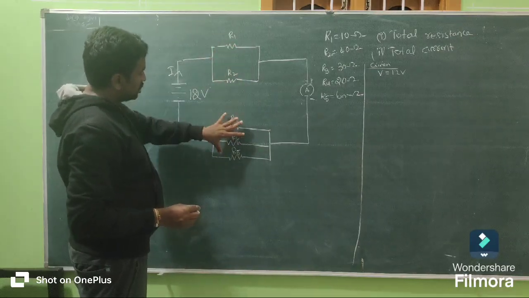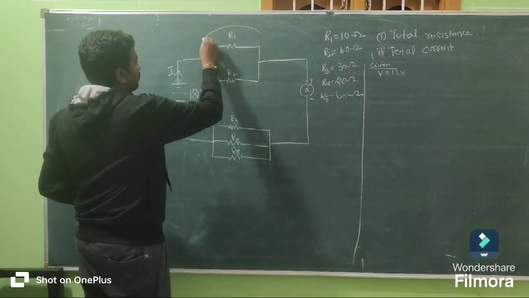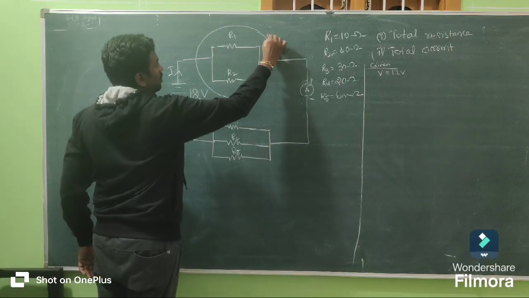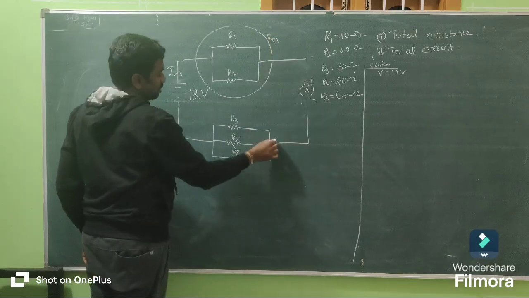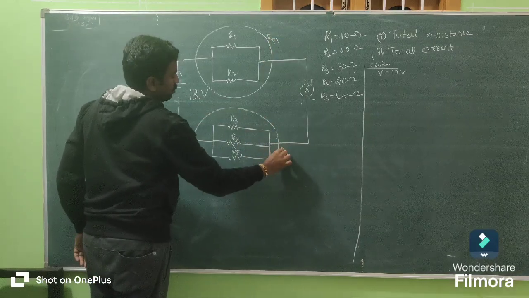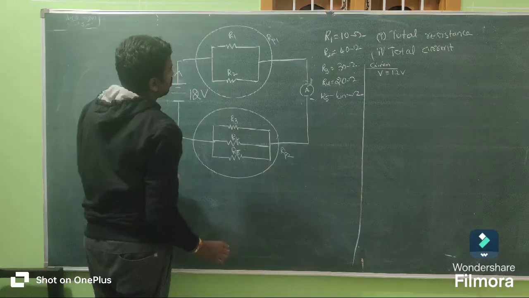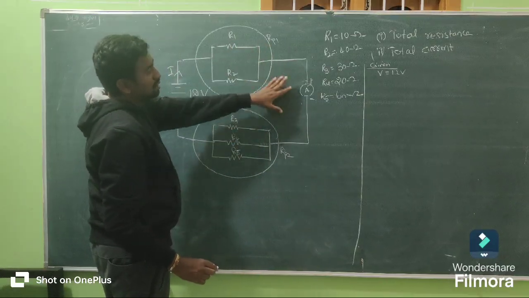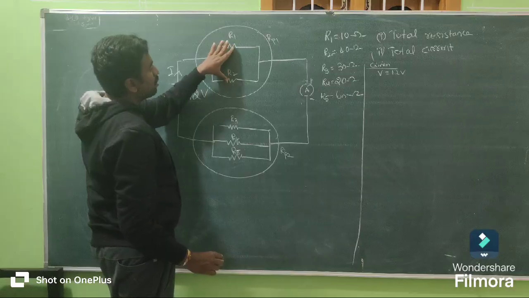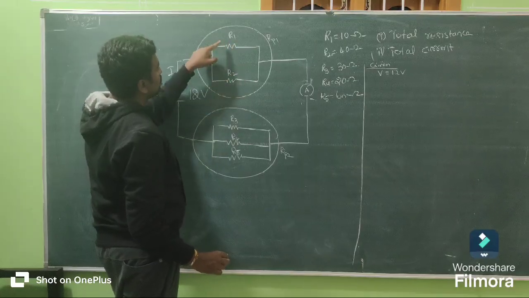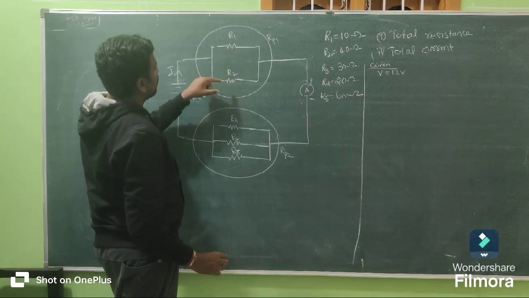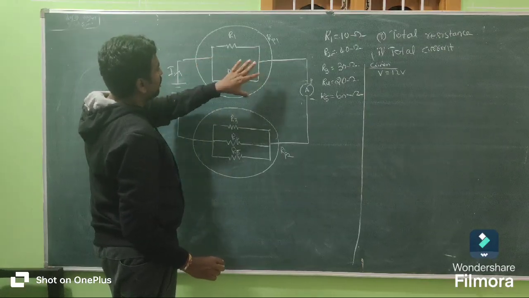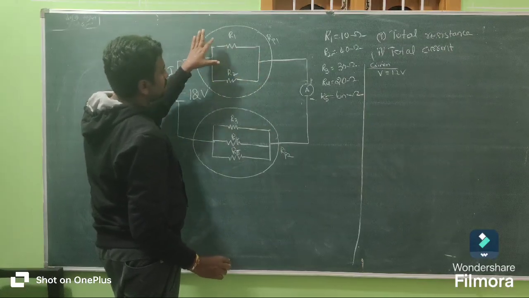This is part 1, RP1, and this is RP2. So RP1 and RP2 are in series. Now we have to calculate the total resistance in this part. These two resistors are in parallel because the starting points are connected at the same point and the ending points at the same point.